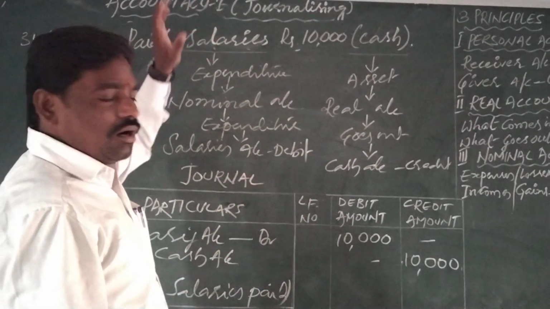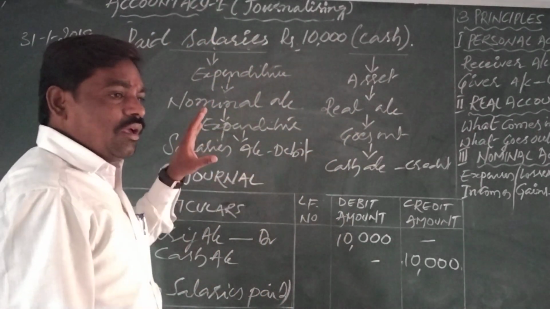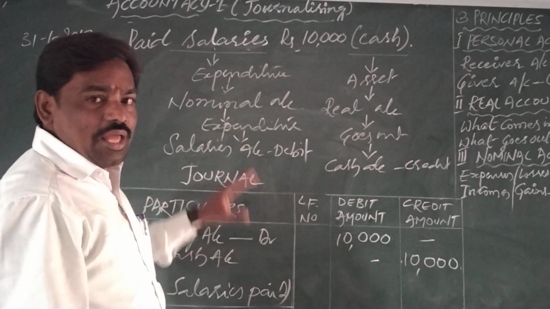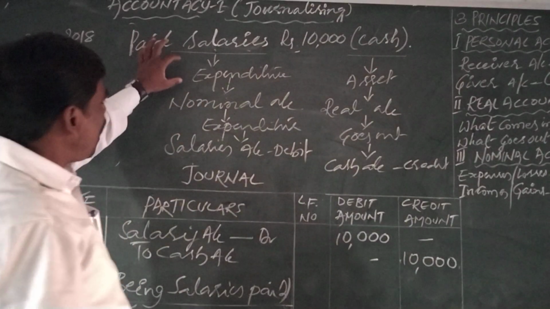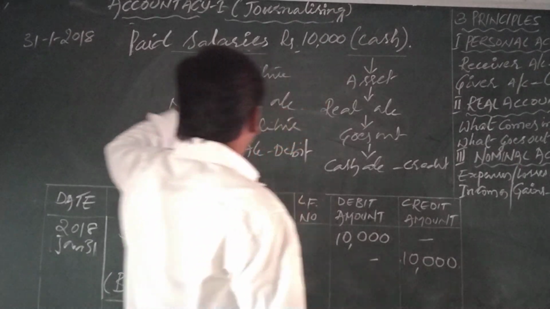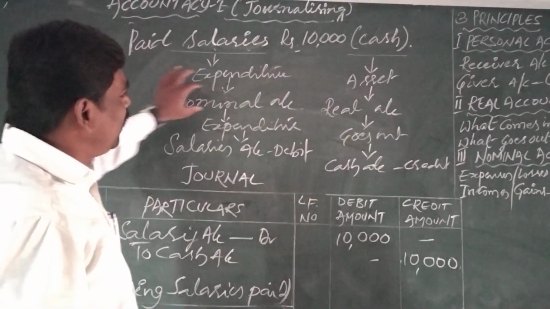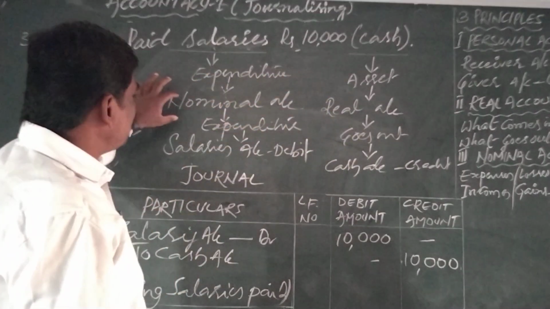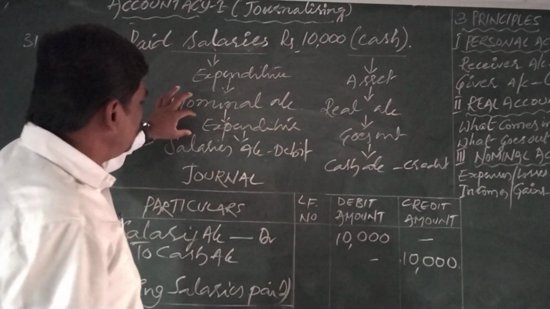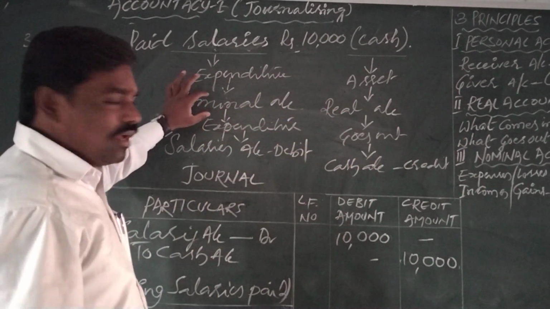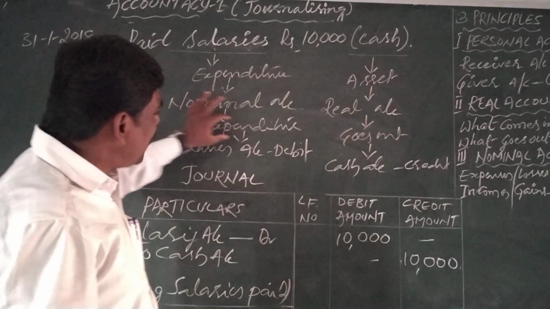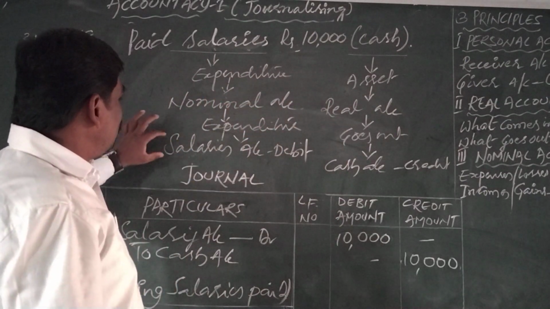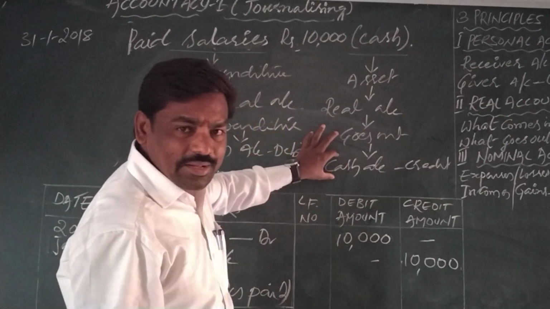That is explained in the dual aspect concept. Now, after finding the 2 aspects, we find the related accounts. After finding the related accounts, we use the principle of the account. Then we find the debit account and credit account.